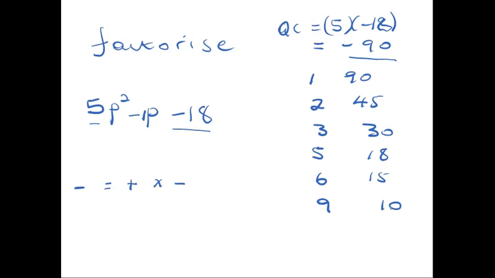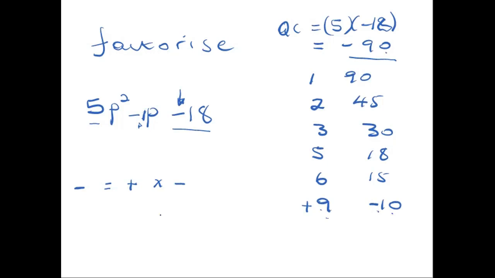This is what can give us negative 1, but that's if the 10 is negative and the 9 is positive. The signs are going to be alternating, a plus and a minus. The bigger of these numbers must carry the negative sign. So the 10 is negative and the 9 is positive. Let's check. If we multiply these two numbers, we get negative 90. If we add these two numbers, we get negative 1.